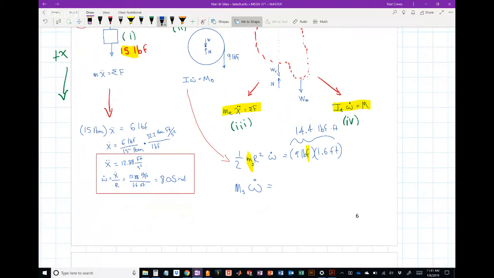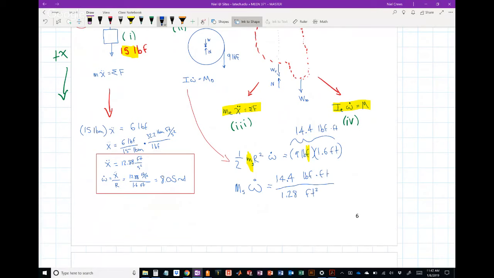That's going to be 14.4 pounds force feet divided by 1.28 feet squared. That's what this is, r squared divided by 2. That's the 1.28 feet squared.